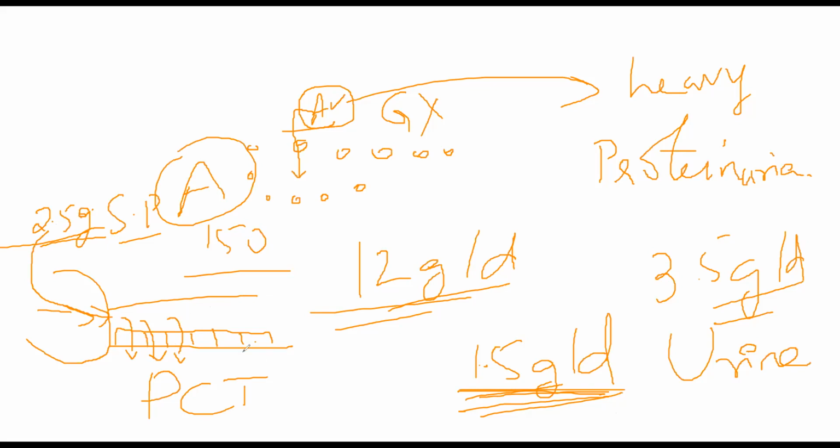That is because the cells of your PCT tend to absorb around 1 gram of protein. At least that is the difference. I'm only giving you an example, okay? PCT cells are absorbing 1 gram per day. As this keeps going up, let's suppose at one point this becomes non-selective to the point that the total protein you are seeing in urine is around 3.5 grams per day, or more than 3.5 grams per day.